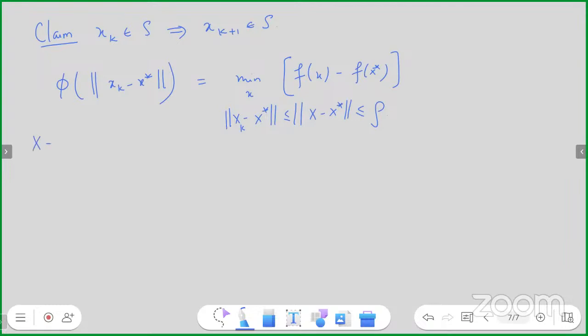Is x equal to x star? Sorry, not x. Is xk a feasible solution to this problem? I'm not saying optimal, feasible. So x equal to xk will be feasible, right? Because this will essentially disappear and you'll only get less than epsilon.